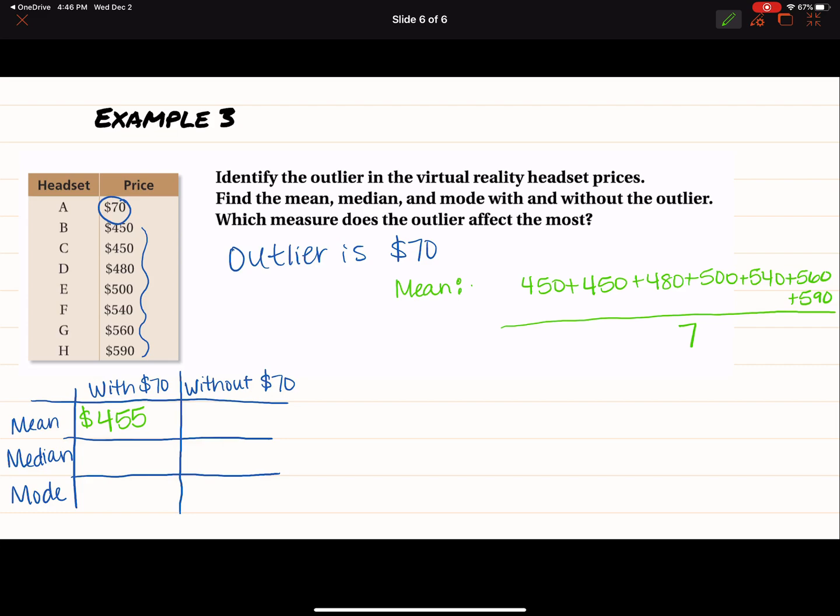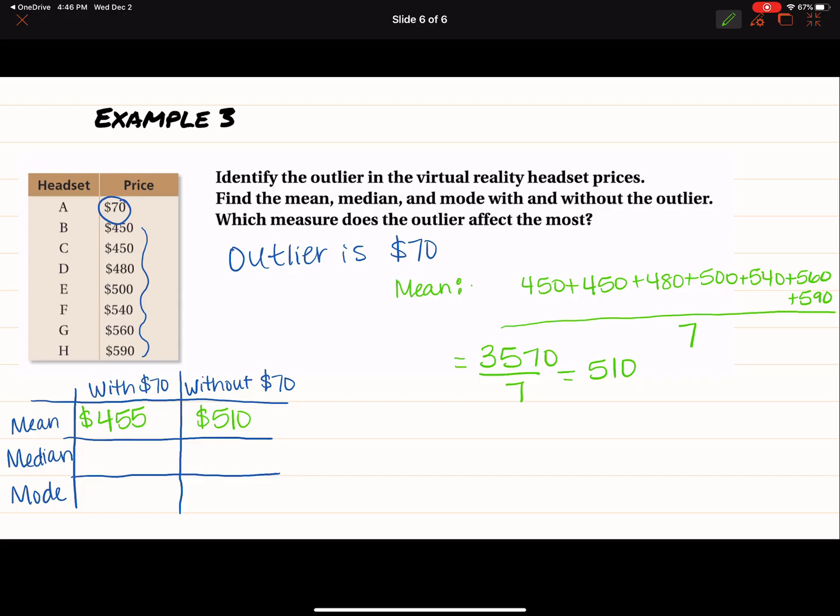Okay, so if I add all these together, or if I just take my 3640 and subtract 70 from it, because that's all I'm taking out, I'm going to get 3570 over 7. And then I'm going to divide that. And I'm going to get 510. So $510 is my average price without the outlier.